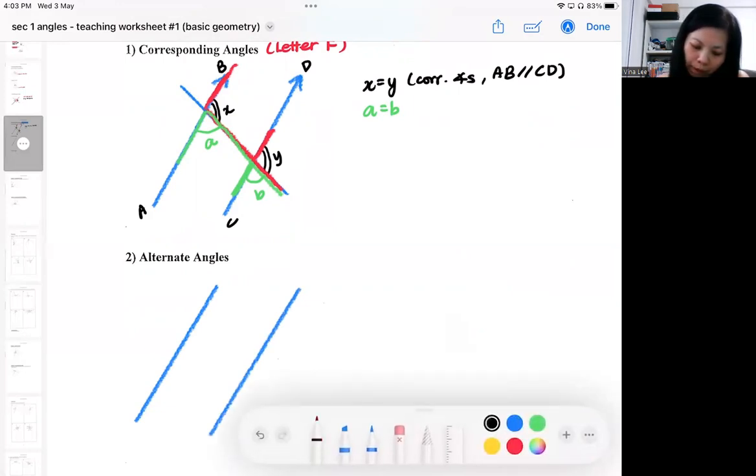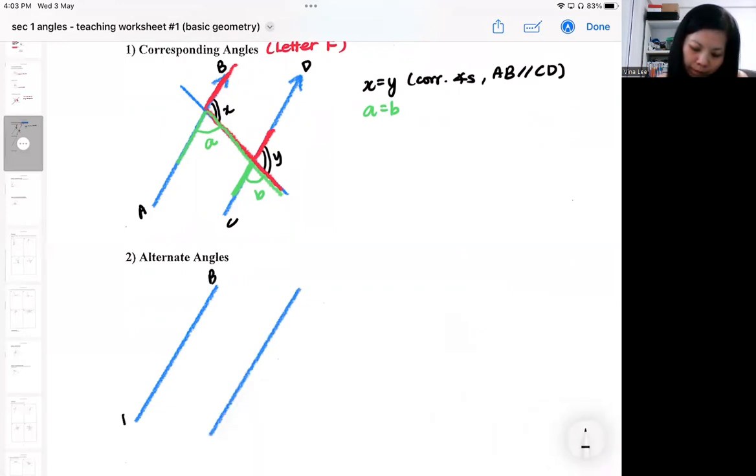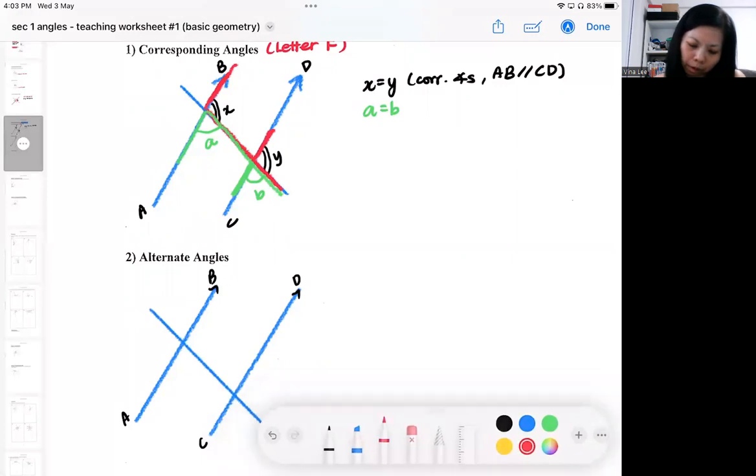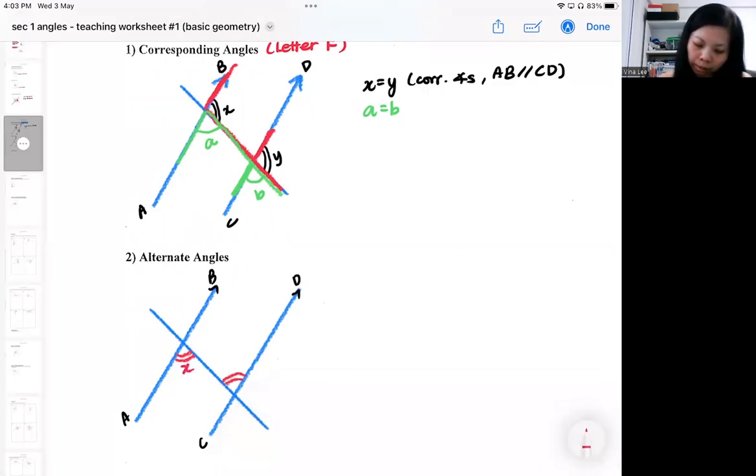So that will be the parallel lines first, same direction. For alternate angles, here, x is equal to y, alternate angles, and it comes from AB parallel to CD.